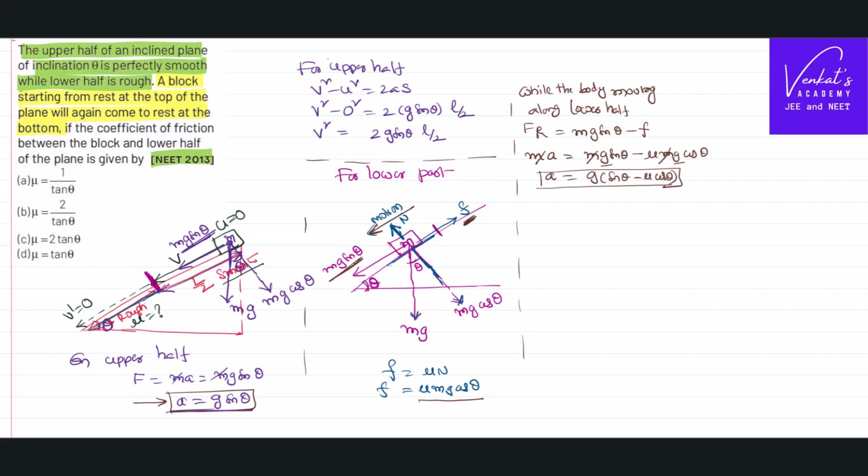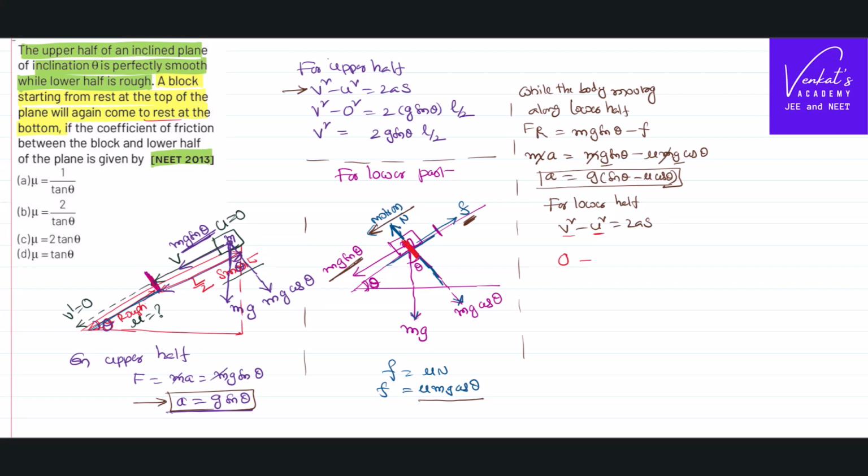Therefore, for the lower half, I can again use the equation v square minus u square equal to 2as, like I have used in the upper half. When I use it in the lower half, it is being said that the body finally came to rest, so v equal to 0. u means velocity here, because you are talking about the upper half.